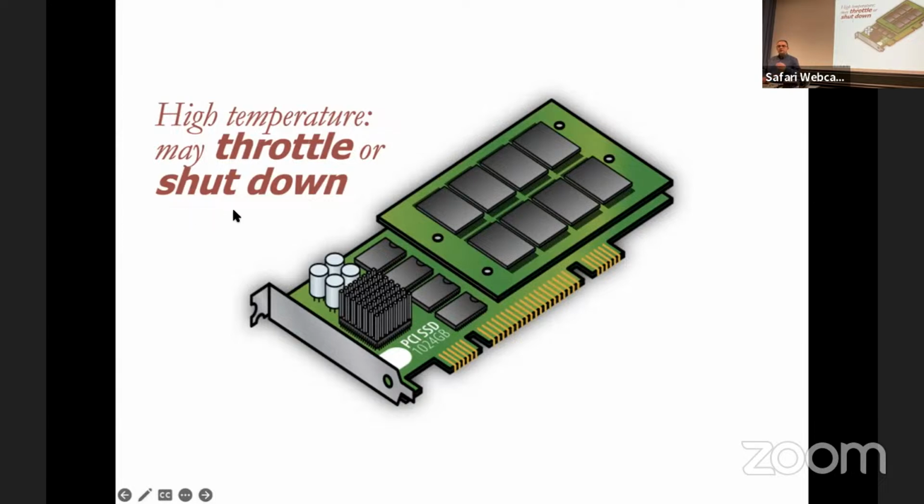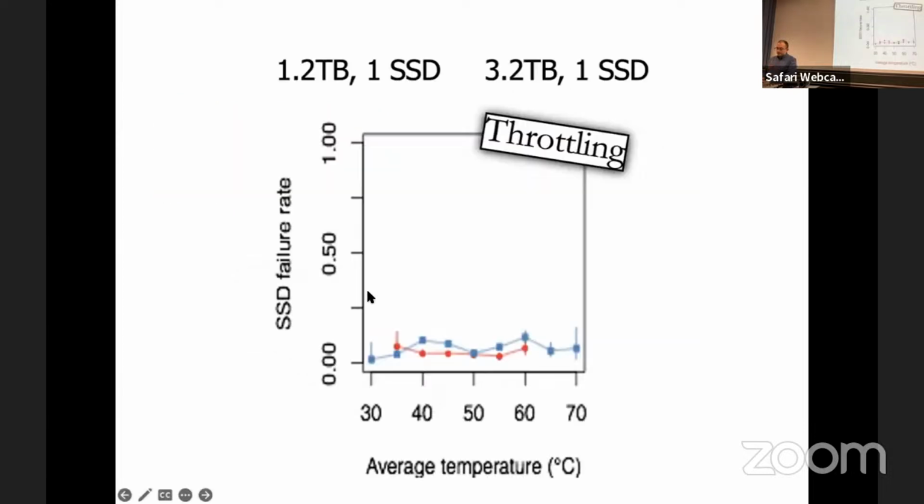When the temperature is high, the SSD throttles itself or shuts down to control the temperature. With those SSDs, you can see that the failure rate doesn't increase much with the temperature increase. Of course, throttling comes at the price of performance, but once your error rate is high, this might be a good decision.